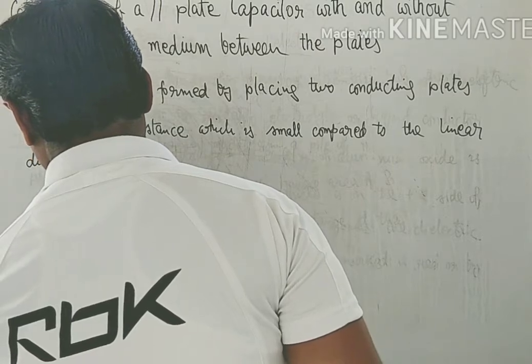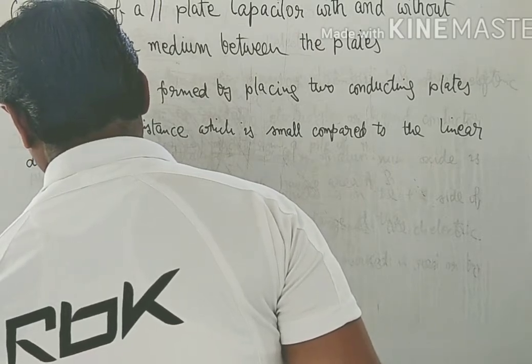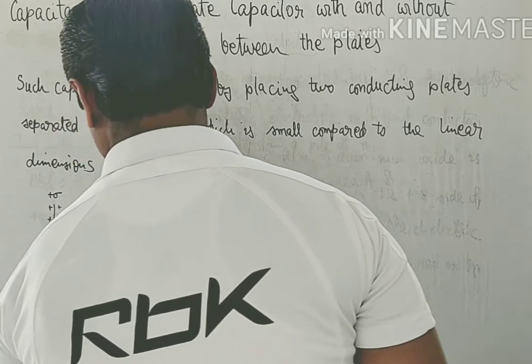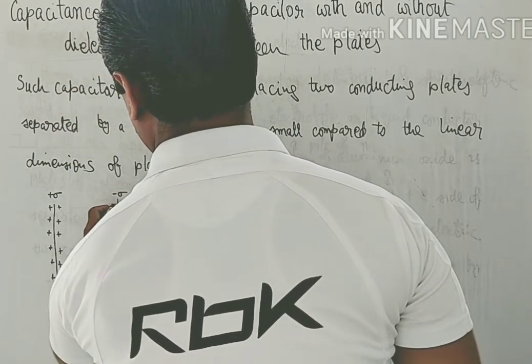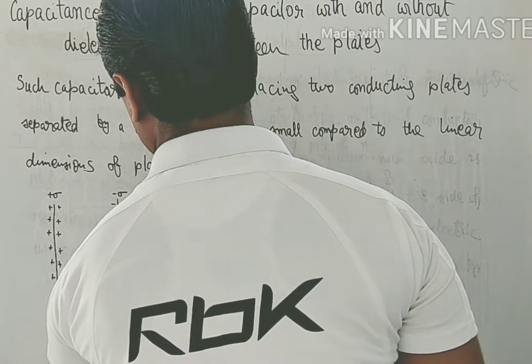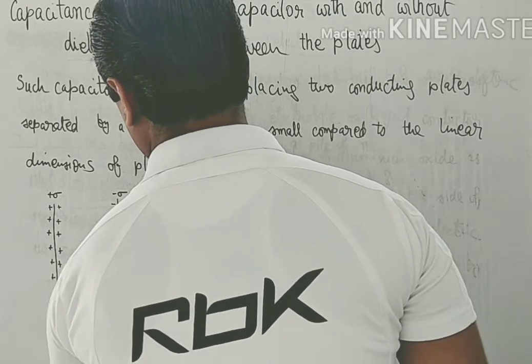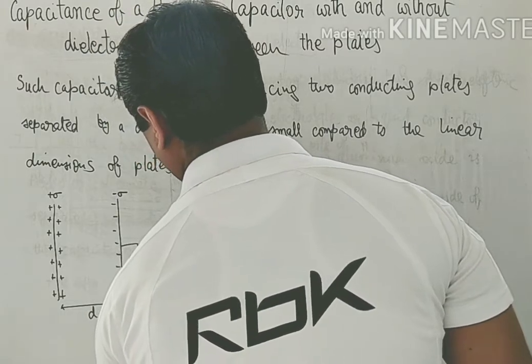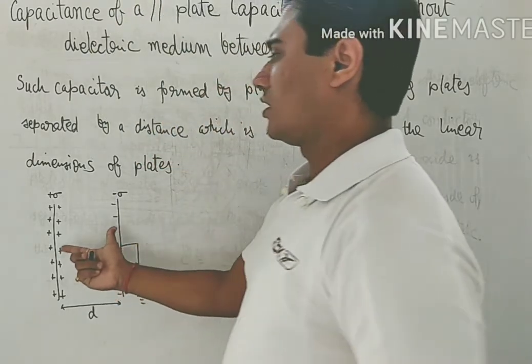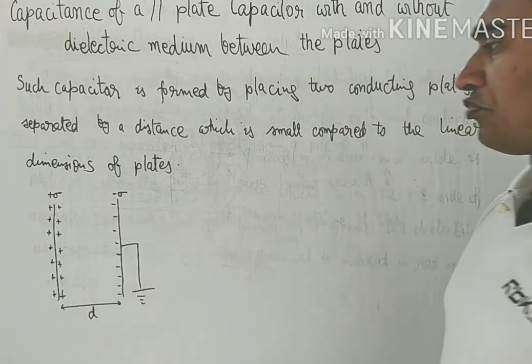Now when this plate is brought close to an uncharged plate, there is charging by induction and negative surface charge density appears here, and the outer surface is grounded. So this makes a parallel plate capacitor.